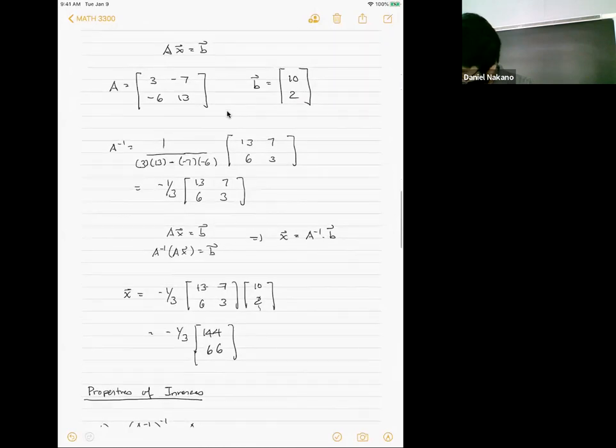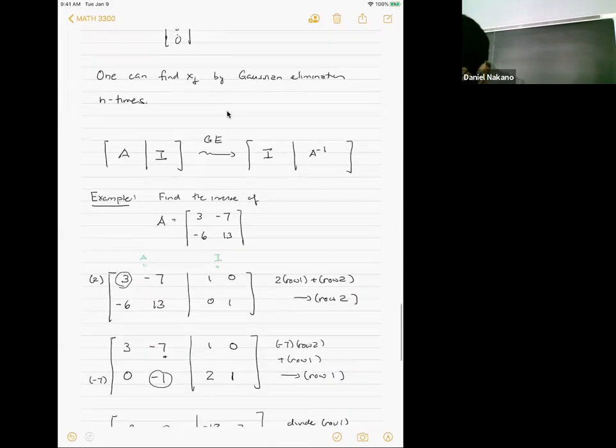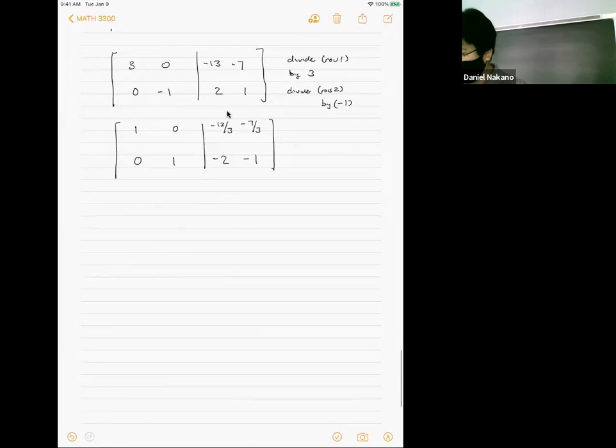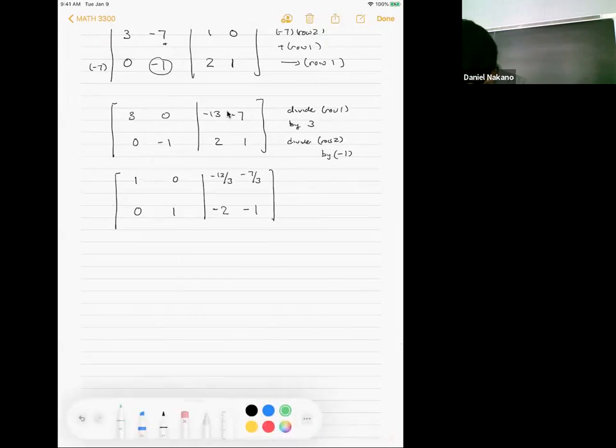So let's look at this answer over here. -13 over 3, -7 over 3, that's okay, right? And then I should have -2, -1. So this checks out. Let me just write this in. This one's the identity over here, and this one's the inverse.